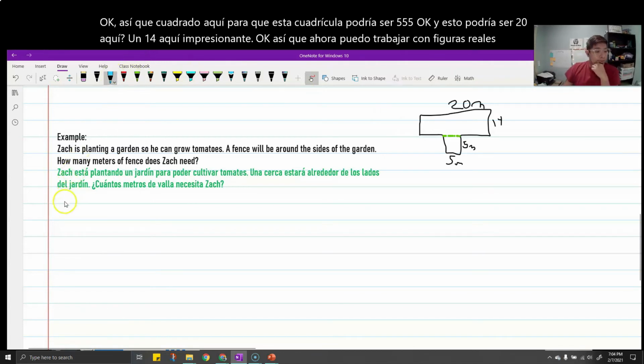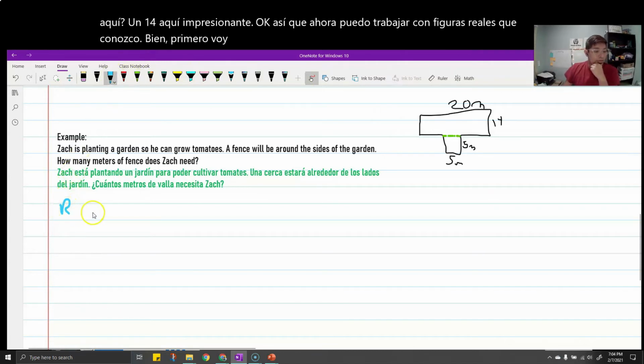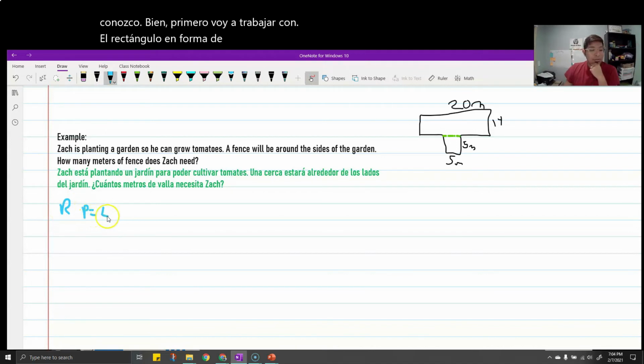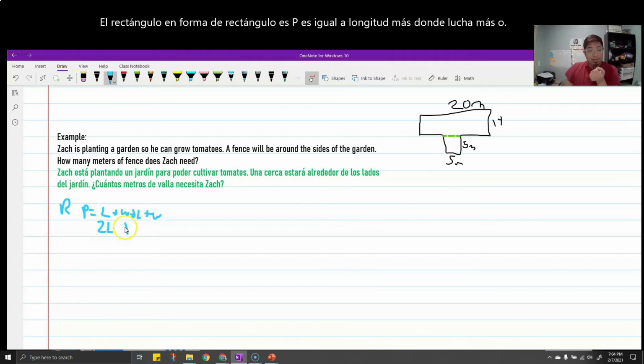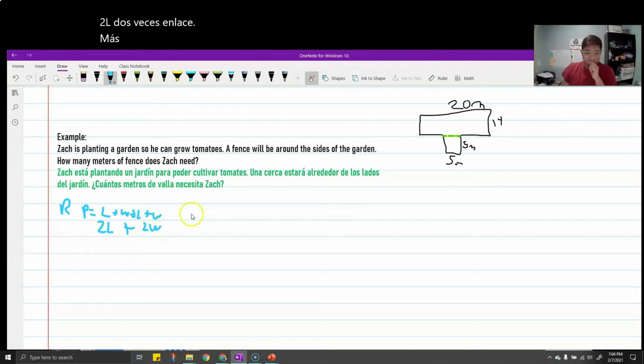So first I'm going to work with the rectangle, and the formula for a rectangle is P equals length plus width plus length plus width, or 2L plus 2W, 2 times length plus 2 times width. Okay, so now I just plug in what I know.